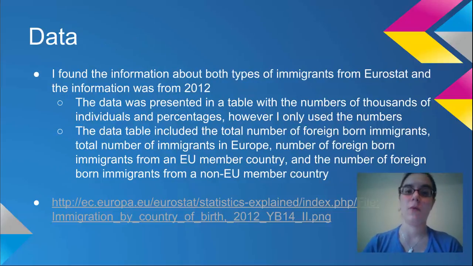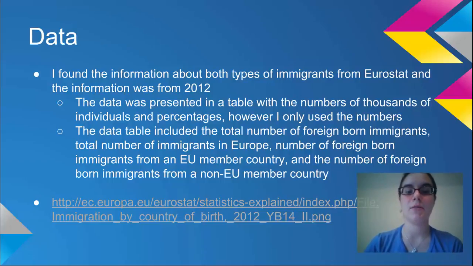I found the information for my project for both types of immigrants from Eurostat, and the information was said to be from 2012. The data was presented in a table with numbers in thousands of individuals, and they also had percentages. However, I only used the numbers because that was what was needed to find the location quotient for each member country.